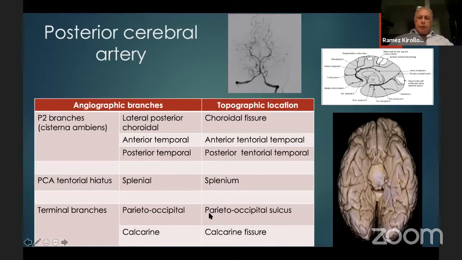And then it terminates in the two terminal branches, in the parieto-occipital and the calcarine fissure. When you look at the angiogram, this waisting here is the area where the tentorial hiatus lies. So all these segments are supratentorial and on the medial occipital lobe. So you have to know where they are.